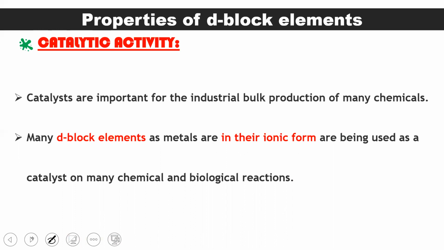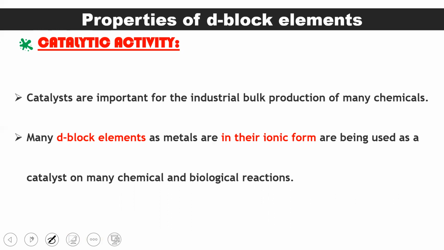Because we need more quantity of a compound, then we need to use the catalyst. A particular catalyst will be used in a particular reaction. Then only we can gain more quantity of the products. So remember this. That is why we are using the catalyst in particular reactions.